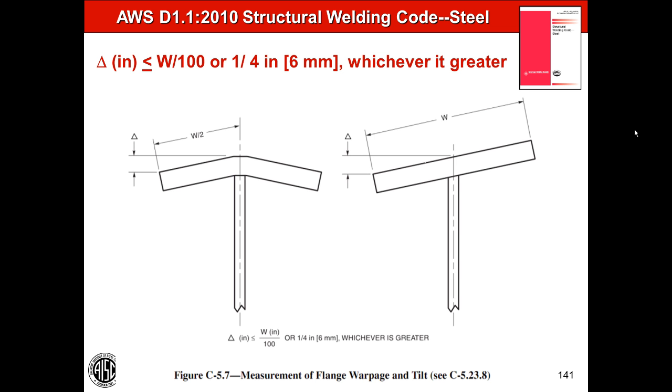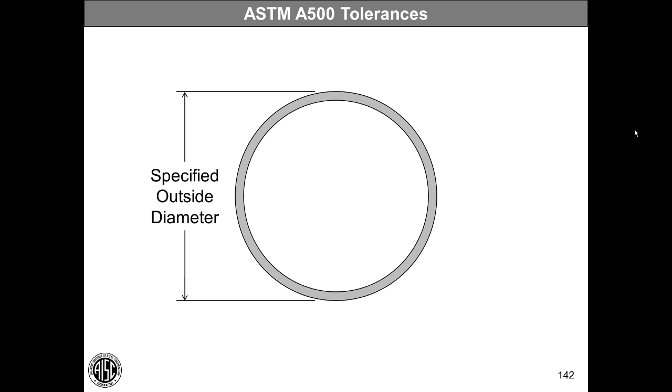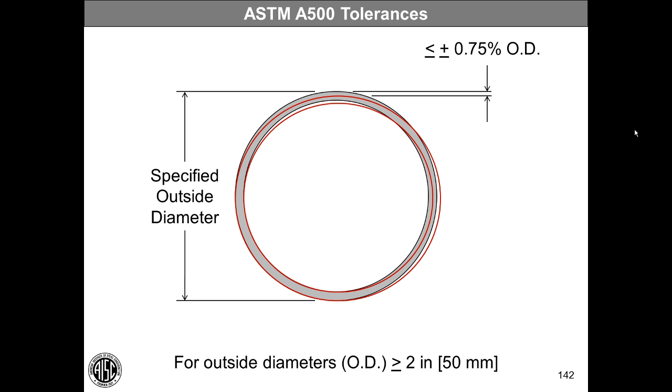ASTM allows for tubes to be out of round. The out of roundness is permitted to be 0.75% of the OD once we're over 2 inches. Now, 0.75% doesn't sound like much, but if I have a 20-inch diameter tube, that comes out to be 0.15 inch. Even that doesn't sound like a big dimension.